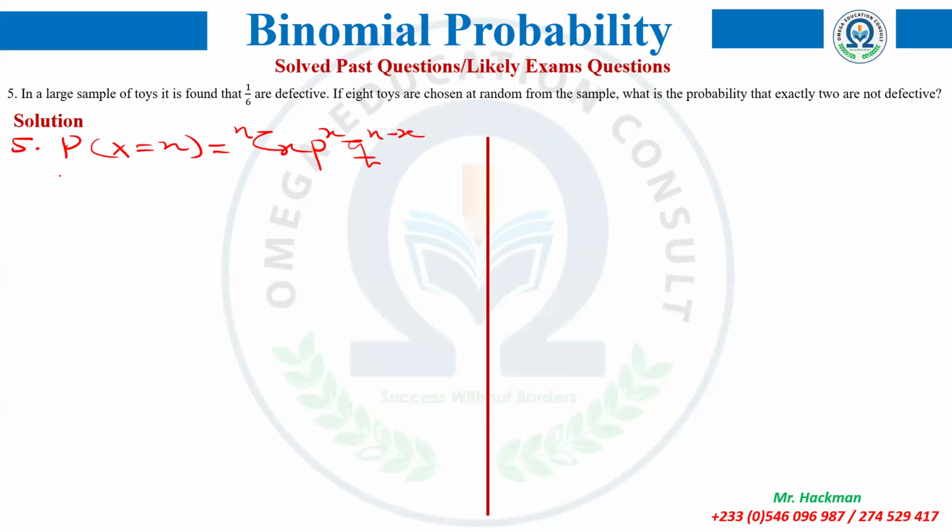So we need our p, q, n, and x, which will vary. Your small n will be equal to what?